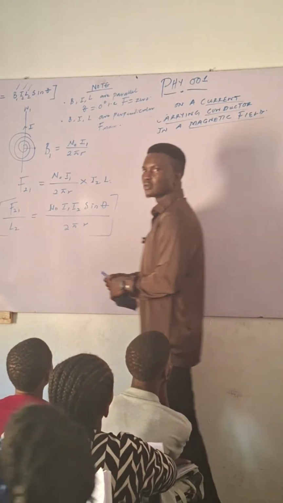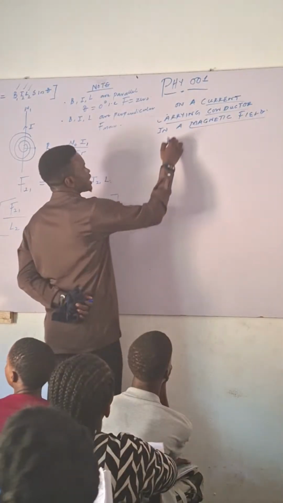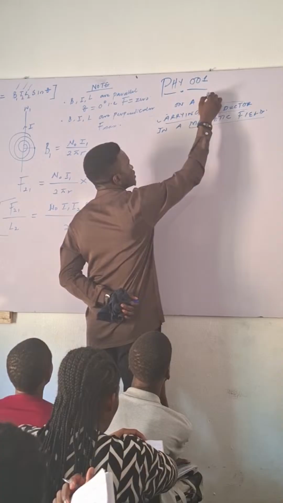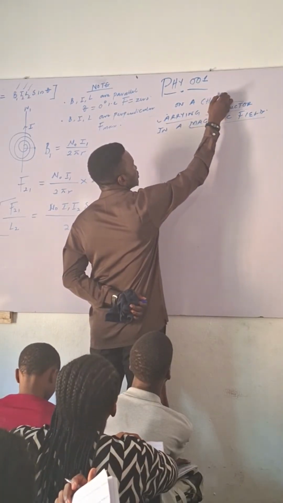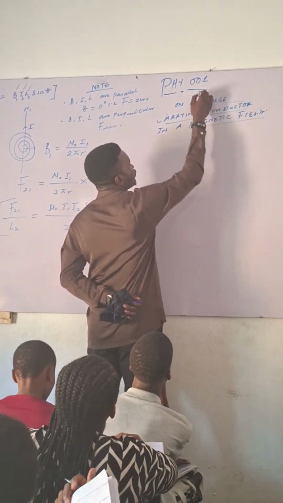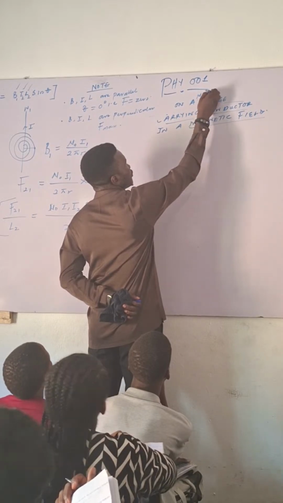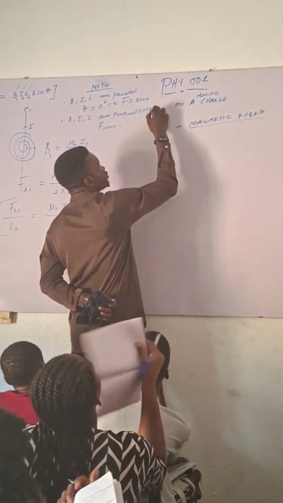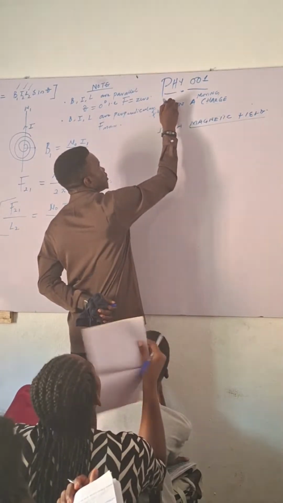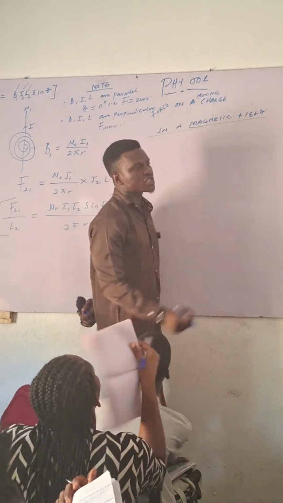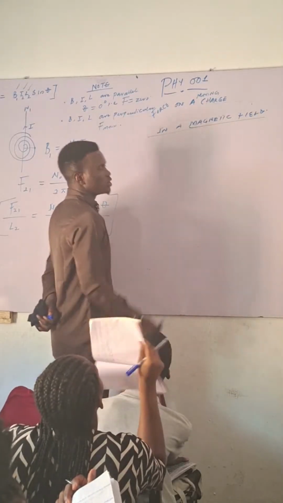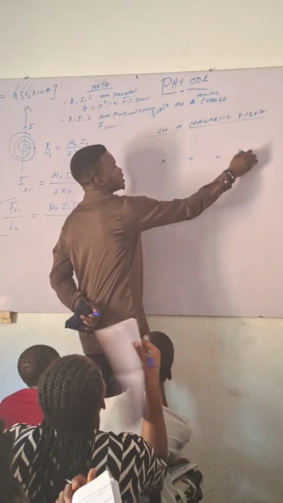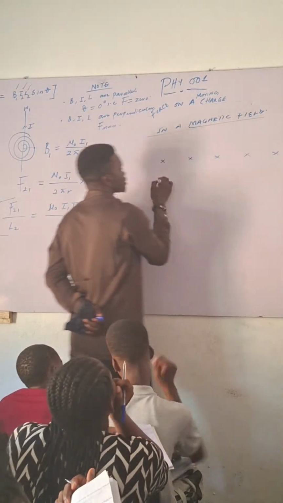So now, force on a moving charge in a magnetic field. So you have a magnetic field like this, like this, like this.